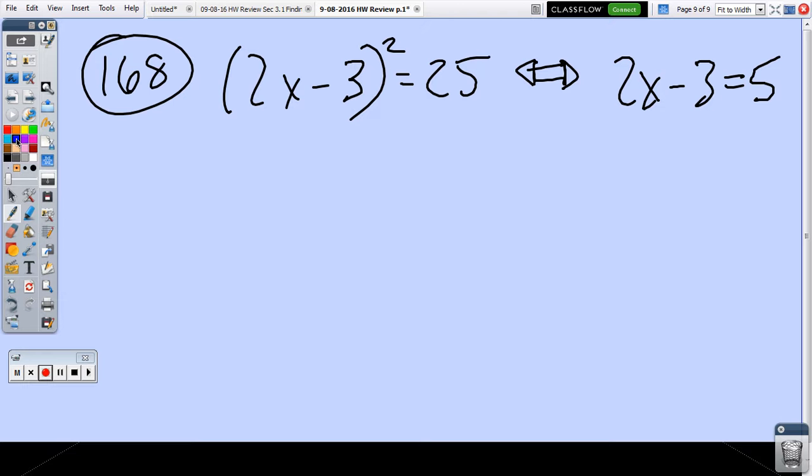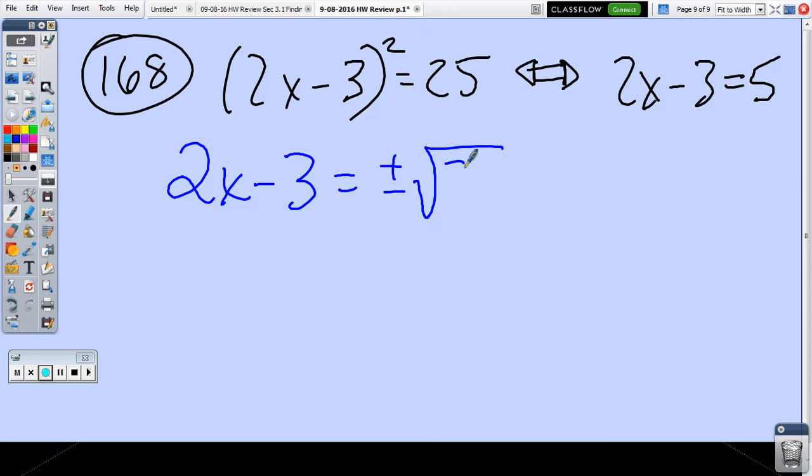So if we have something squared equals 25, and we want to solve for what's inside the parentheses, 2x minus 3, wouldn't we take the plus or minus square root? So 2x minus 3 would actually equal plus or minus the square root of 25, so 2x minus 3 would be equal to plus or minus 5.